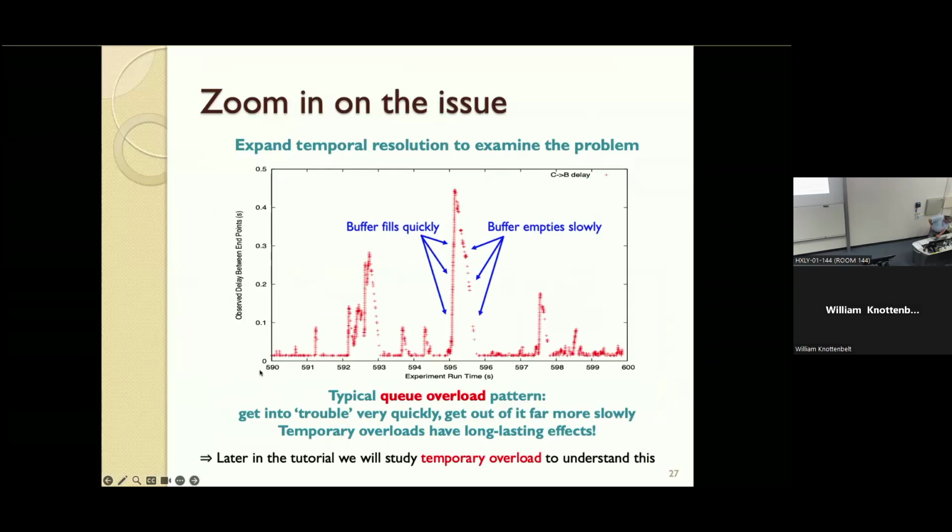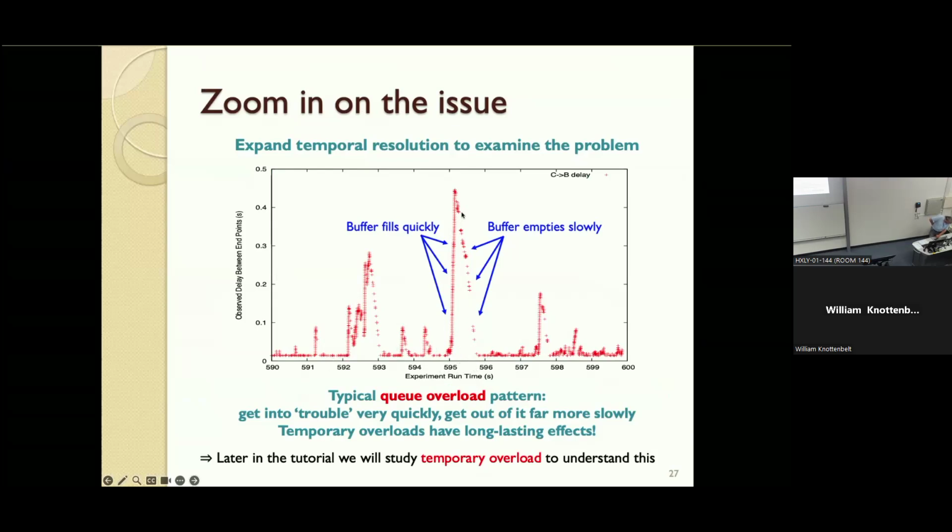On the horizontal axis, we see the experimental runtime. You can see there are some fluctuations, but at 595 seconds, there is a very quick increase in the delay, and the decrease comes very slowly after. So this is like a whole second where basically the performance is interrupted.